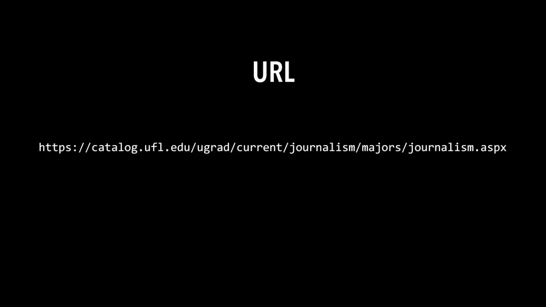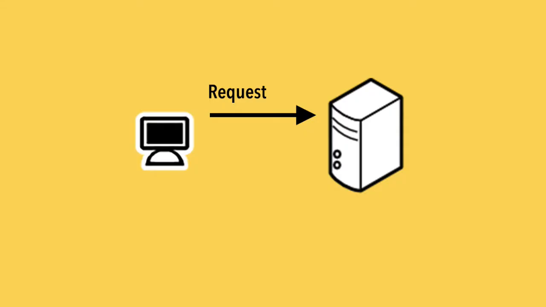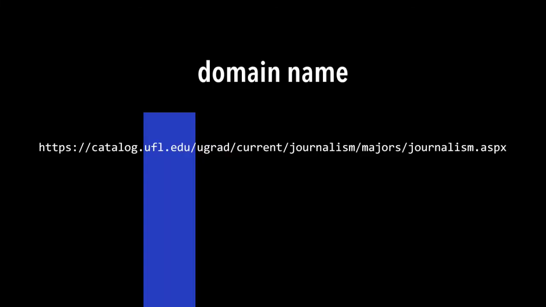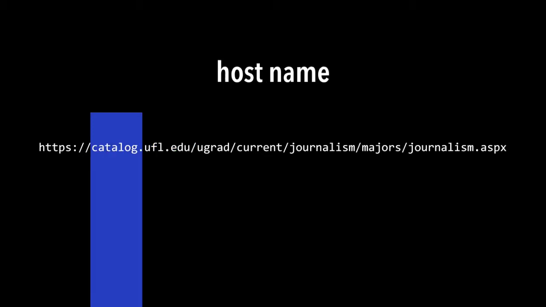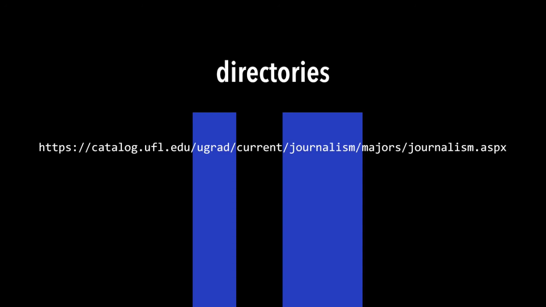You know about URLs, but do you know how to break one apart? Every piece of a URL means something. It's like an address on a package. The request travels to the correct server because of the domain name. The way a package gets delivered to the right country, first of all, and then we can worry about the city after that and the street after that.